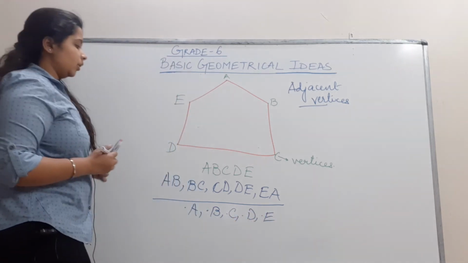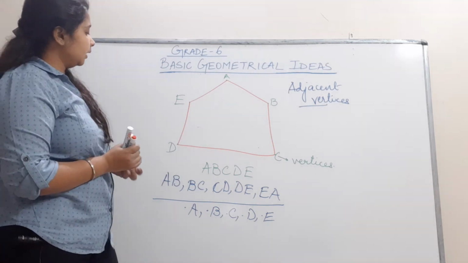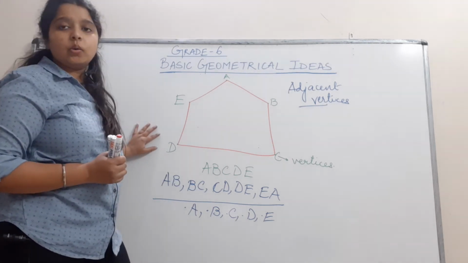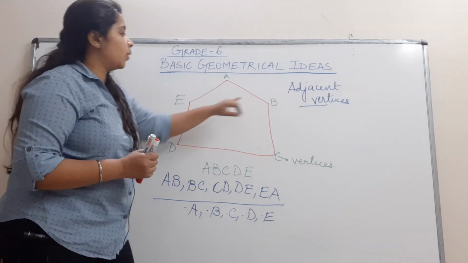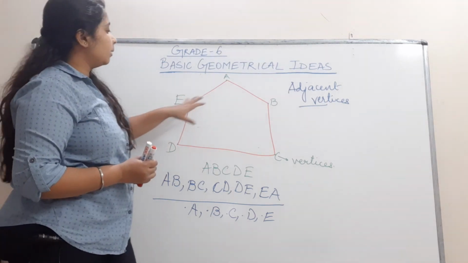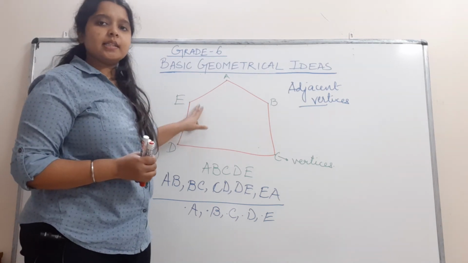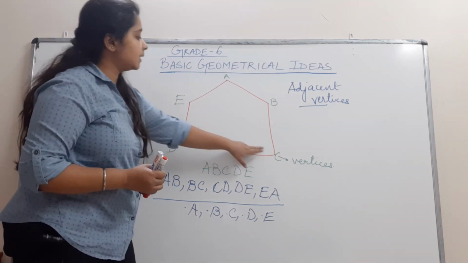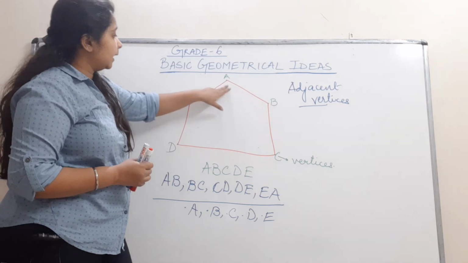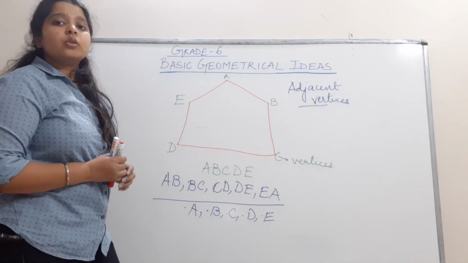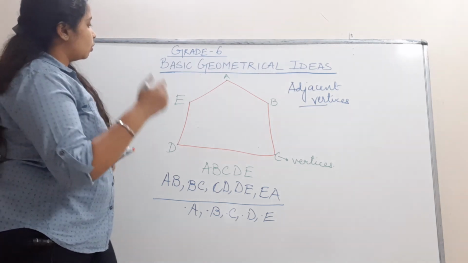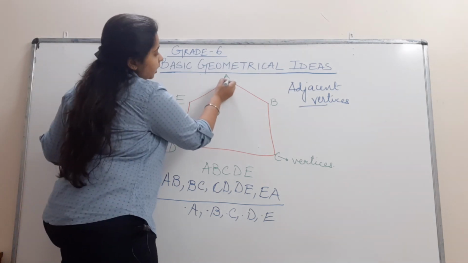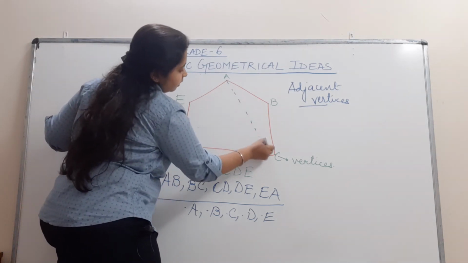Now, as I told you, the line segments joining the adjacent vertices are known as the sides. Now there are some non-adjacent vertices as well. E and B are non-adjacent, they don't share the same line segment. E and C are also non-adjacent. A and C are non-adjacent. So there are some line segments which join these two. So let's join the non-adjacent vertices.